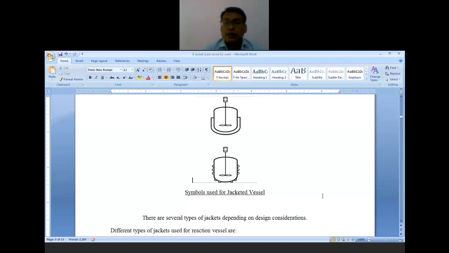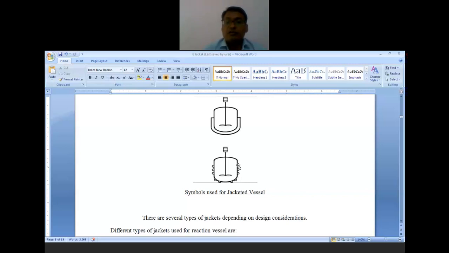Now in this process equipment design or chemical equipment design subject, the symbols are given specific importance. The vessels are generally symbolized like this with a jacket. So this is the symbol for a jacketed vessel.